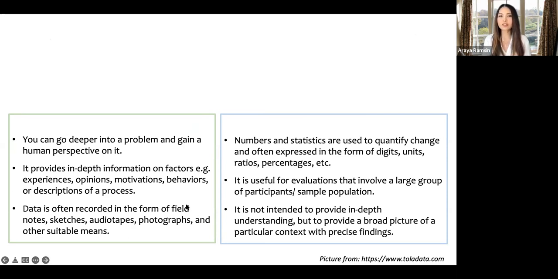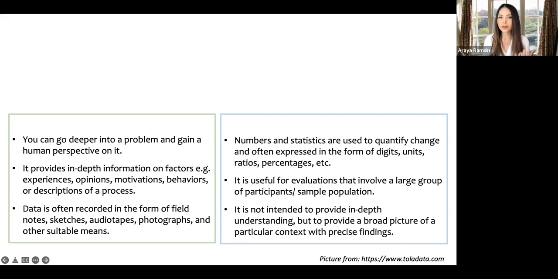This research design allows you to go deeper into a problem and gain a human perspective on it. It also provides in-depth information on factors such as experiences, opinions, motivations, behaviors, or descriptions of a process.